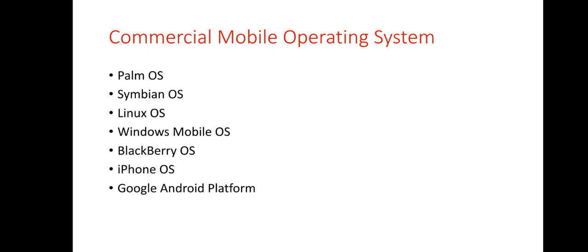So day by day, the number of operating systems introduced into the market increases, and every new operating system should follow this type of architecture, meaning a mobile operating system should be constructed with the monolithic architecture or microkernel architecture.